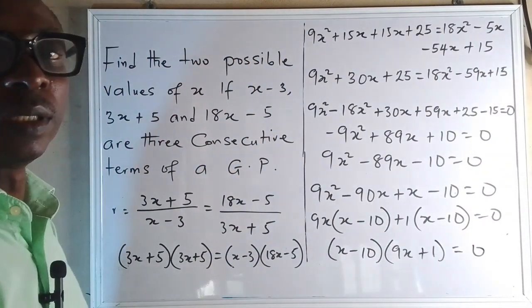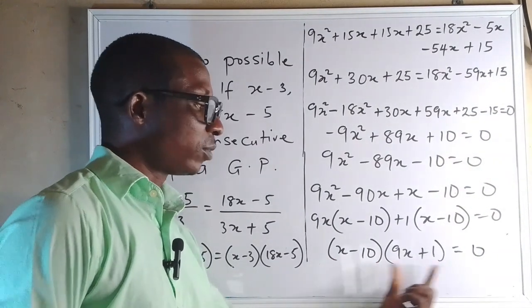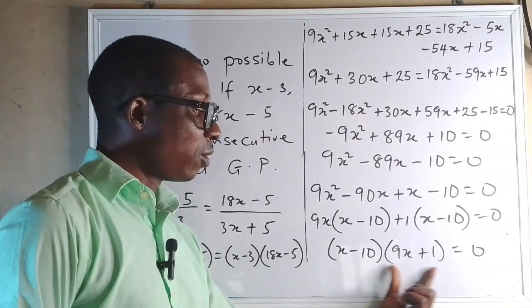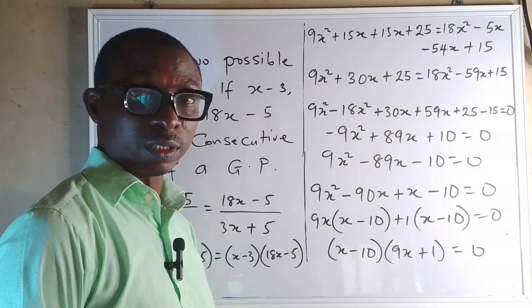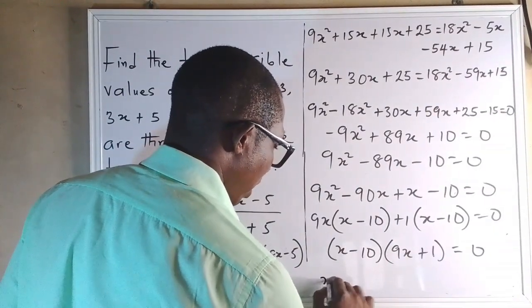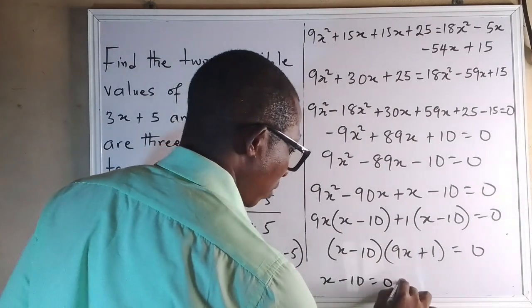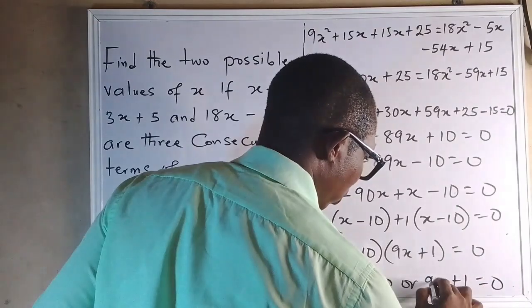Okay, so now what's the next thing now? You equate each of these terms to 0 because you are multiplying two numbers together and your result is 0. So one of them must be 0, or the two terms is 0. So we have x minus 10 equals to 0, or 9x plus 1 equals to 0.